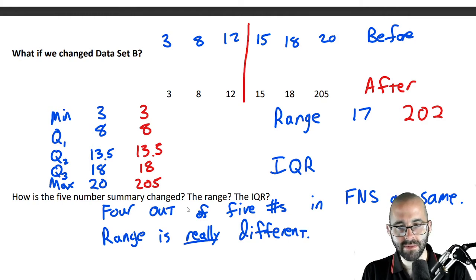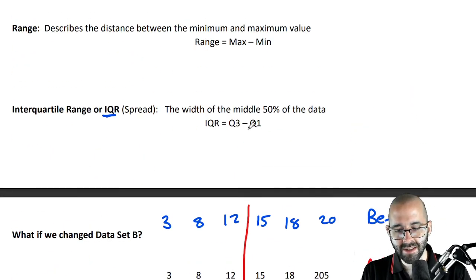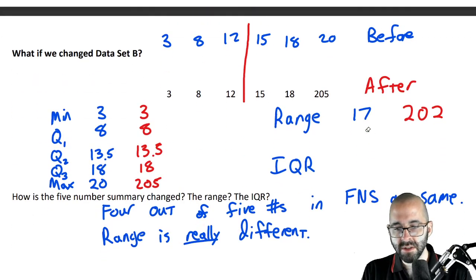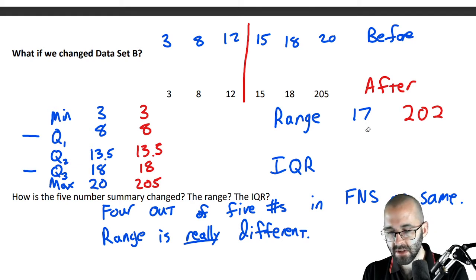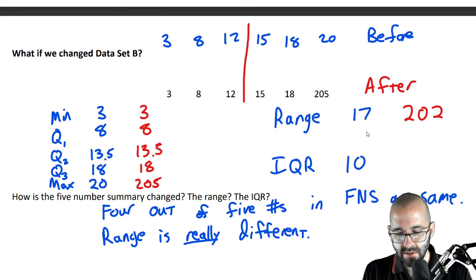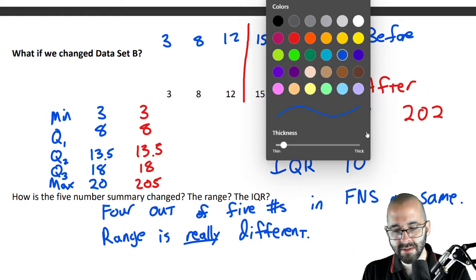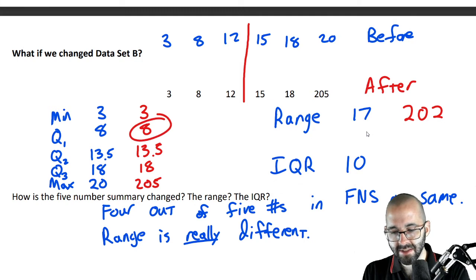What about the IQR? Maybe we don't remember what that is. IQR is just the difference between the third and first quartile. You just go over here and say, what's the difference between these two quartiles? So 18 minus 8, that's 10. This 18 minus that 8 is also 10. In this case, the IQR doesn't change at all.